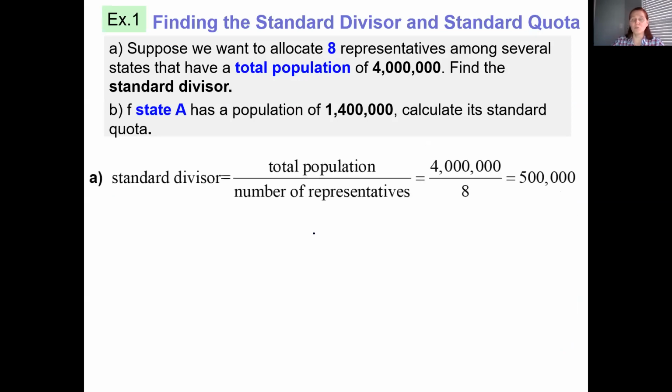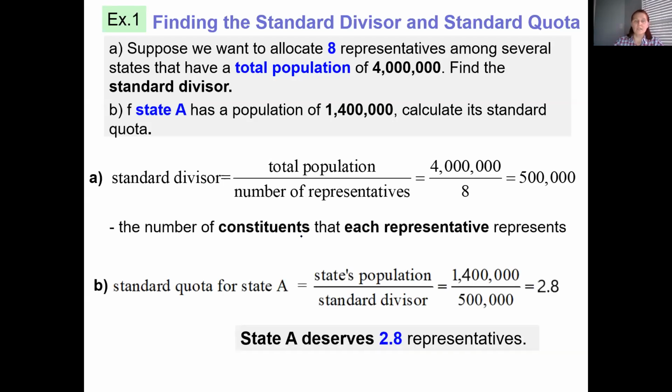We take the total population, 4 million, divided by the number of representatives, 8, and we get 500,000. This is the standard divisor, and this is the number of people represented by one person, the number of constituents that each representative represents.